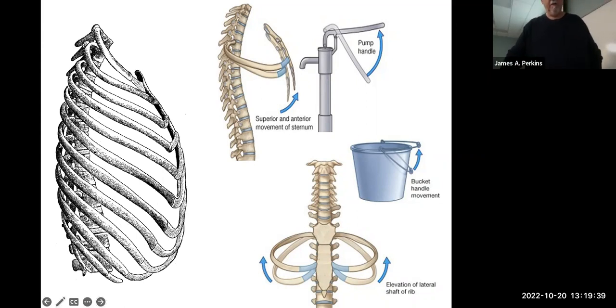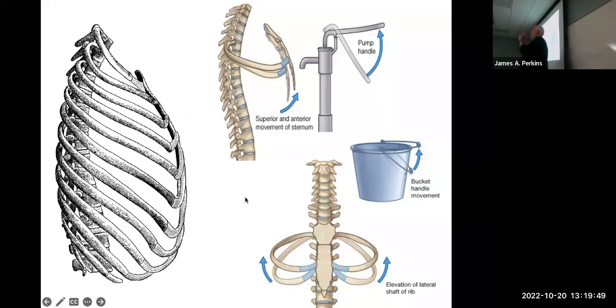The other feature of the ribs that also helps to expand the volume of the thoracic cavity is that each rib is curved, but those curves, as the rib curves from the vertebrae around towards the front to the sternum, they're not lying in a perfectly flat plane.